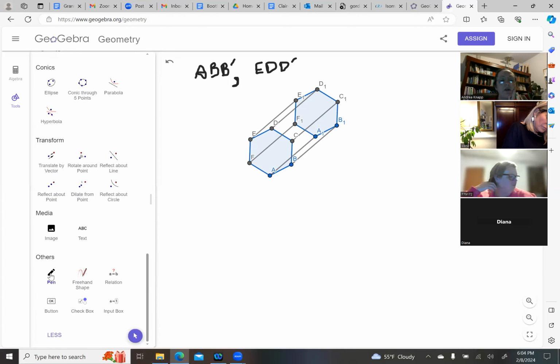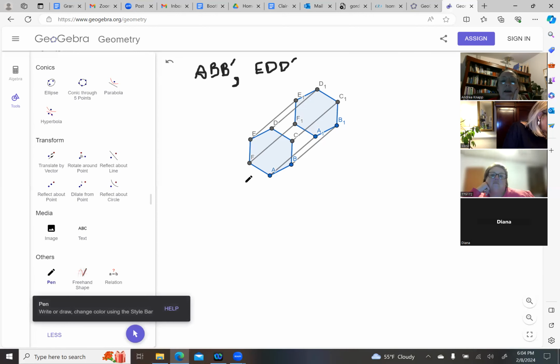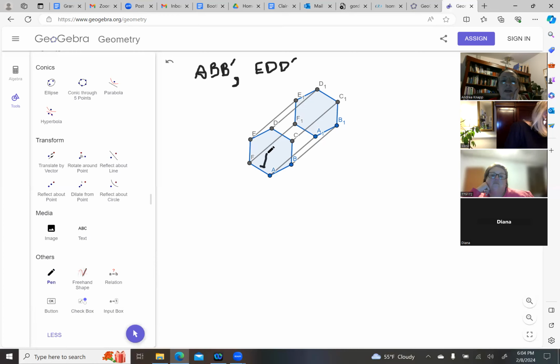An easy one to look at would be this face right here, FA, A prime, A1, F1, compared to this face, F, F1, E1, E. So we've got those two faces right next to each other. And we want to know, what is this angle right here? Do you know any formulas that could help with that?